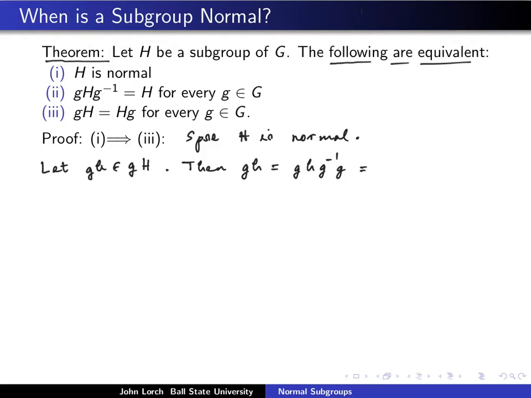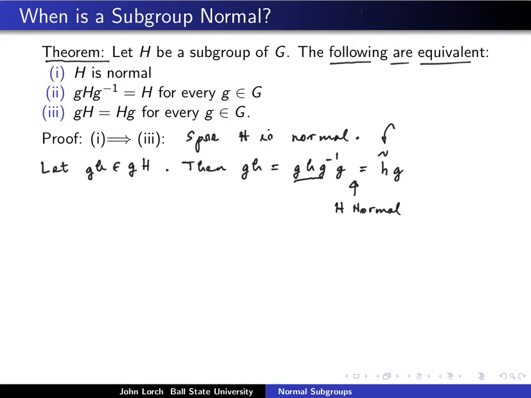But because H is normal, this conjugate right here has to sit again within H. So let's call it, say, h tilde, right?